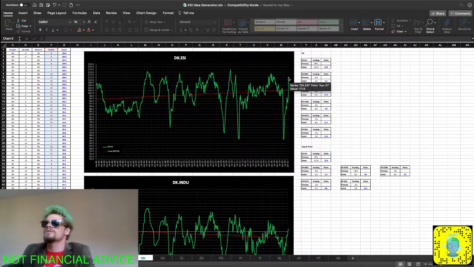And there is more risk with investing in the Denmark ETF versus just the European stock market ETF, because Denmark is just one country, where with the European Union ETF you're investing in multiple countries.